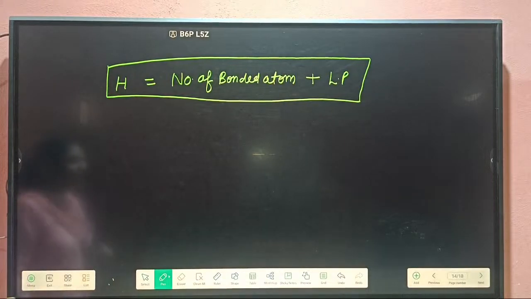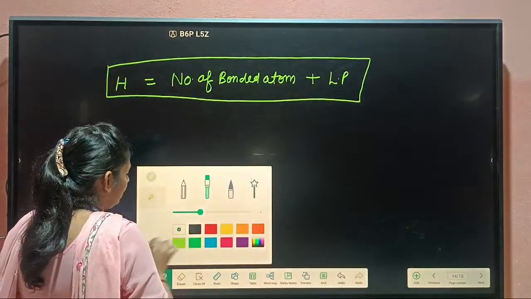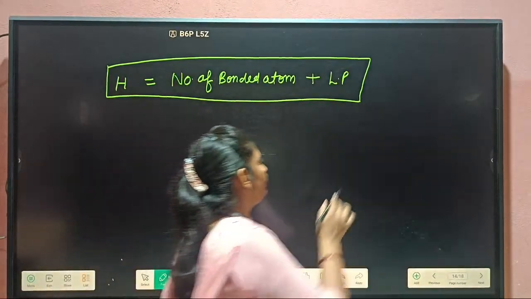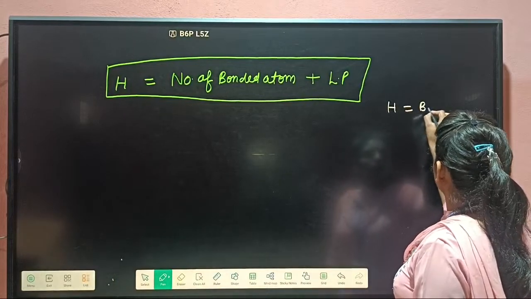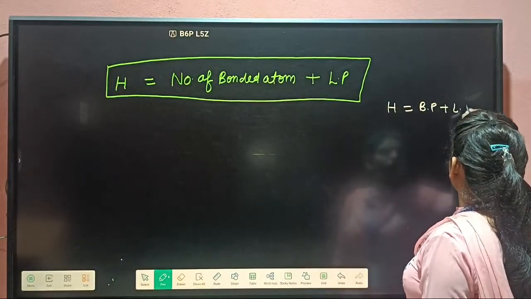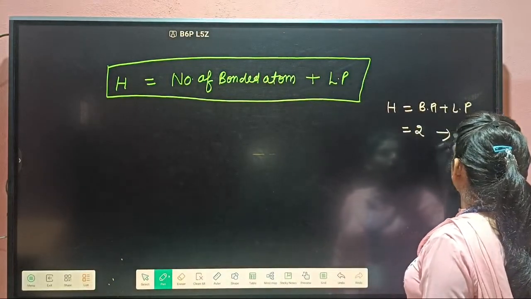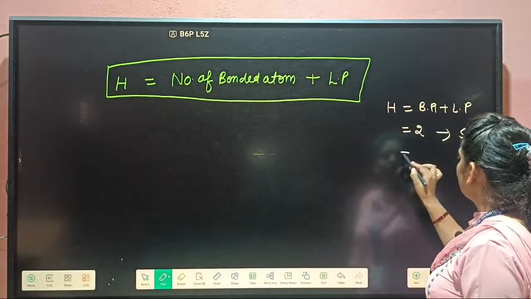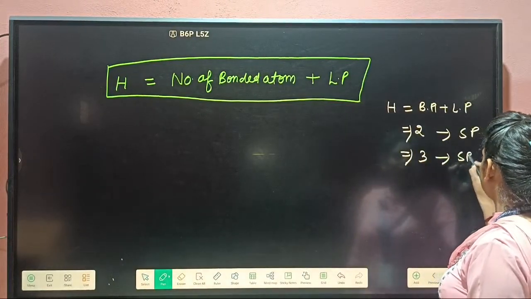Okay, students, you will see, if the value of the number of bonded atoms plus lone pairs is 2, then hybridization will be sp. If this value is 3, then hybridization will be sp2.